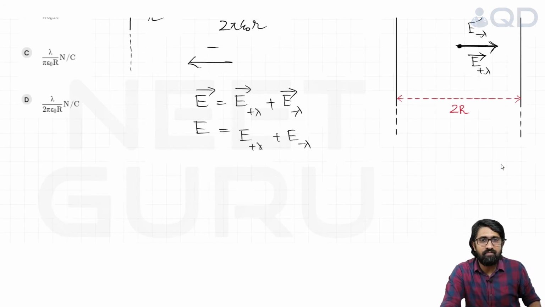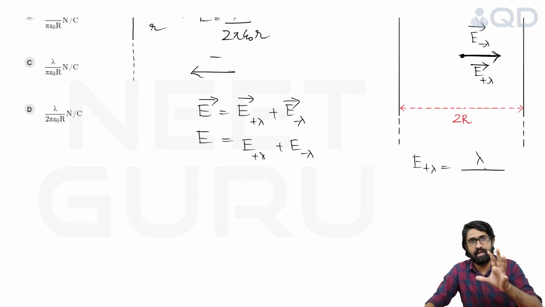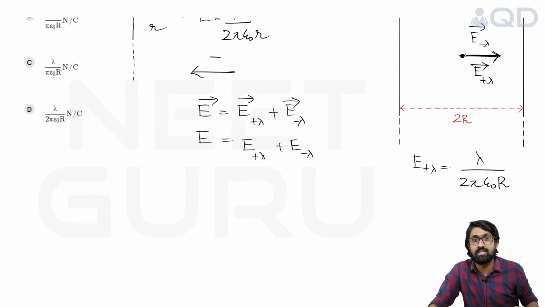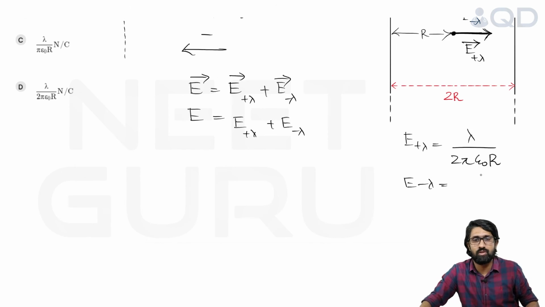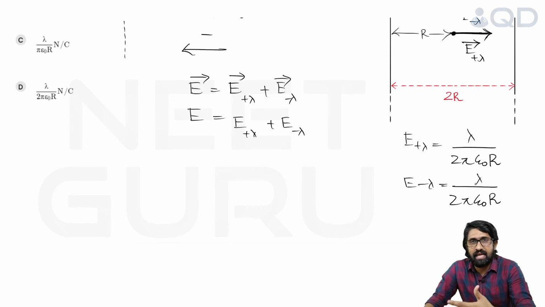Now, from the figure, we can say that E plus lambda will have a magnitude equal to lambda, the line charge density, divided by 2 pi epsilon naught capital R, because the separation of this point, where we need to find the electric field, from the line charge is simply R. And E minus lambda will also have a value equal to lambda divided by 2 pi epsilon naught capital R. Please understand that we don't have to put a minus sign here again.